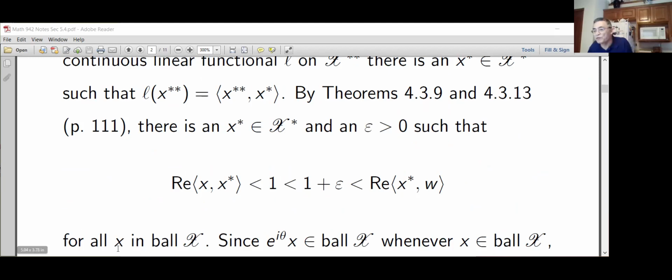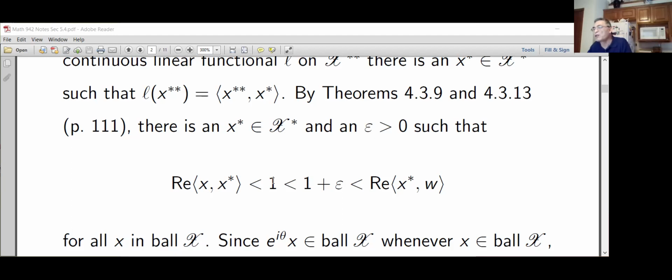This is true for all x in ball x. Actually, if we look at the statement of the two theorems on page 111, we don't have 1 here. We only have a positive number alpha here. How can we get 1 here?